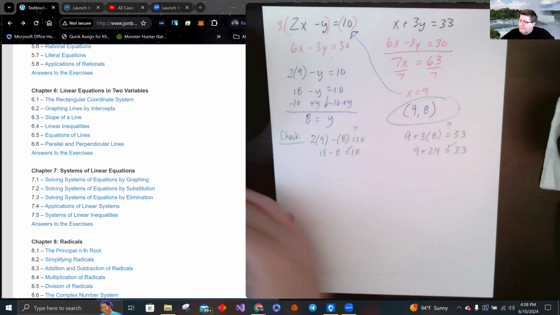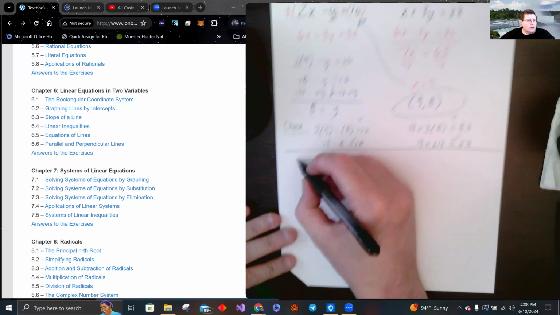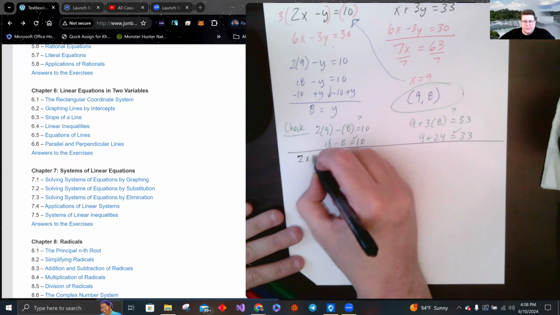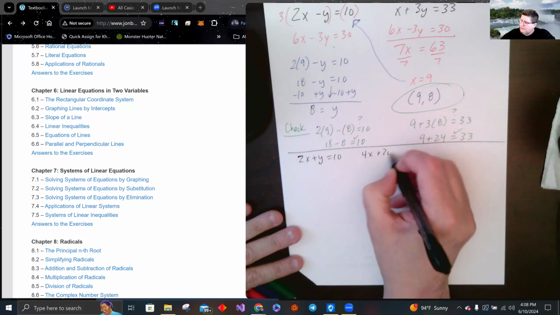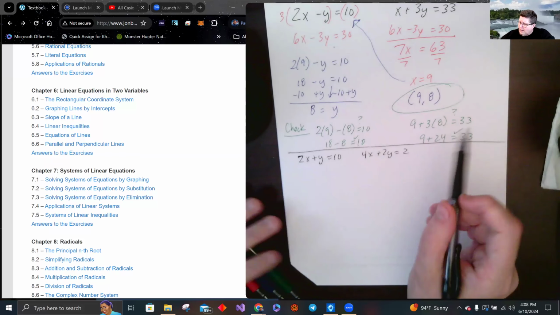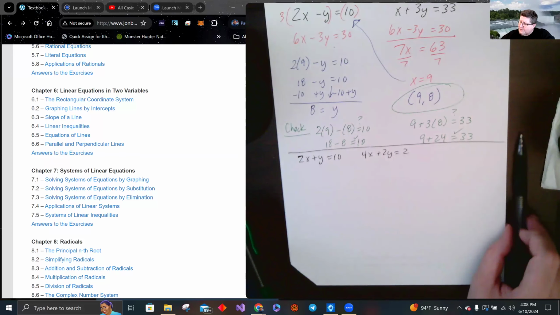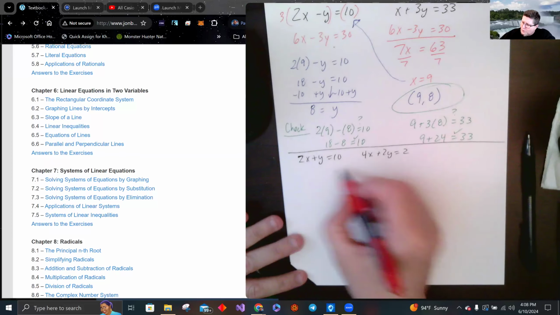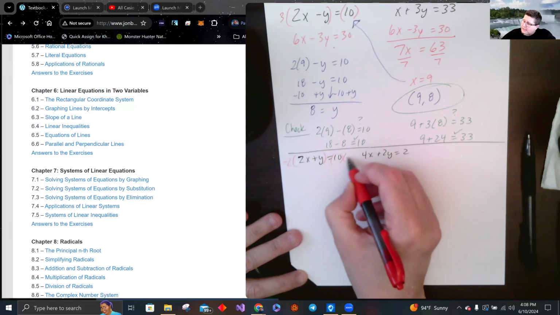All right, next example. 2x plus y equals 10. 4x plus 2y equals 2. This is kind of nice. The coefficients are multiples of each other. I'm going to multiply this one by -2 because y has a smaller coefficient.